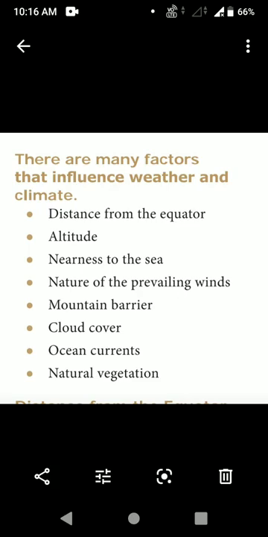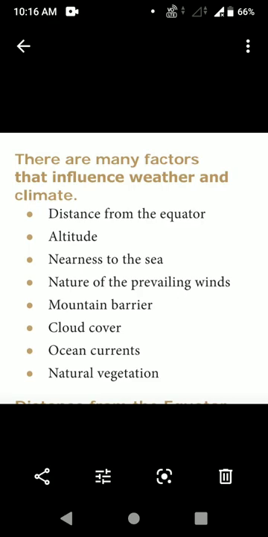Okay, so these two terms, weather and climate, are related to atmospheric condition. So do you know what do you mean by weather and what do you mean by climate? First we can learn about that.